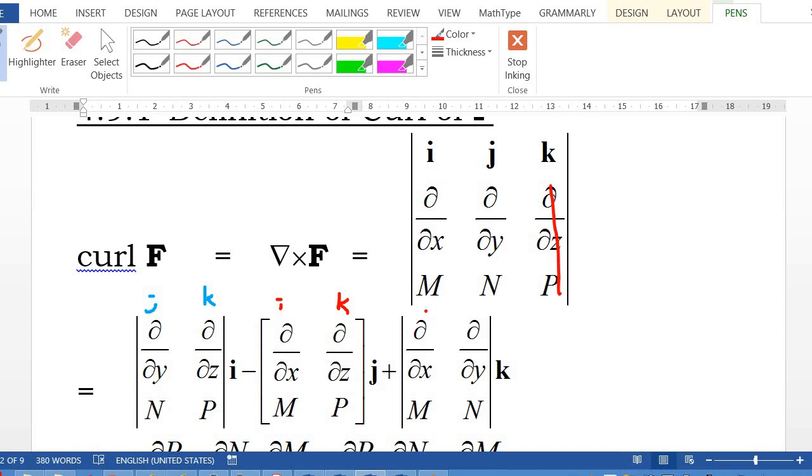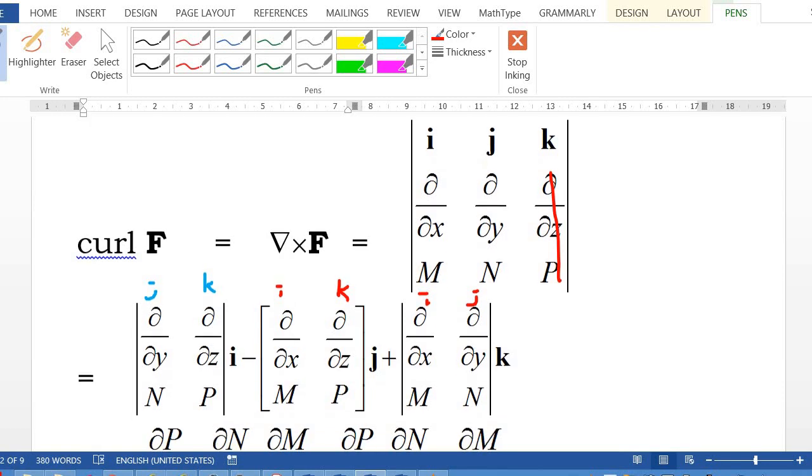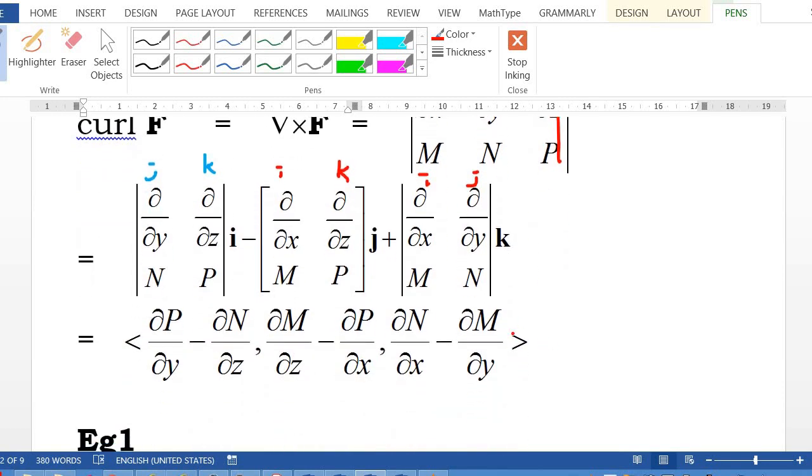So it becomes i cross j, which gives positive k, which is ∂/∂x of N minus ∂/∂y of M. So this is the curl of F. For a conservative vector field, you have to confirm that curl of F equals the 0 vector, meaning each component i, j, k equals 0.